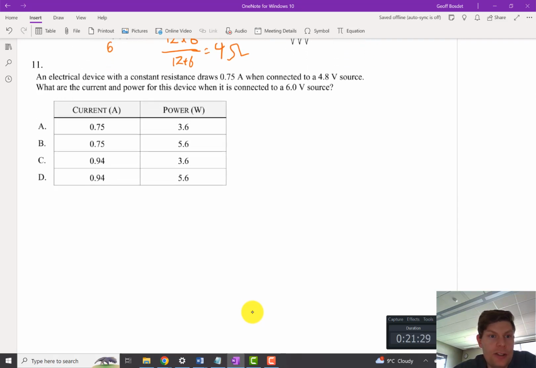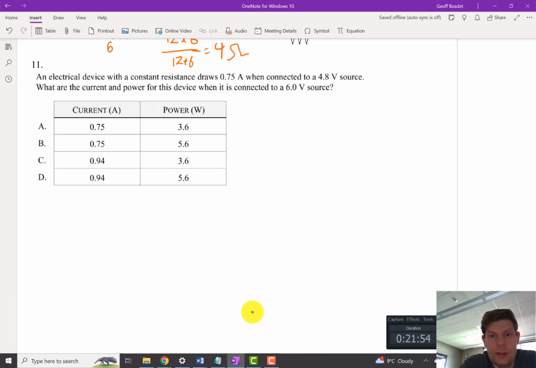For this guy, we've got an electrical device with a constant resistance that draws 0.75 amps when connected to a 4.8 volt source, and we want to know what would happen if we up it to a 6 volt source. Now, this whole constant resistance thing is probably key. So the easiest way to do this would probably be to just solve for the resistance.